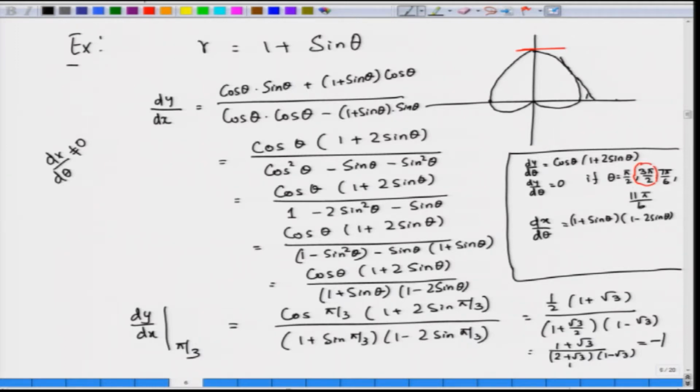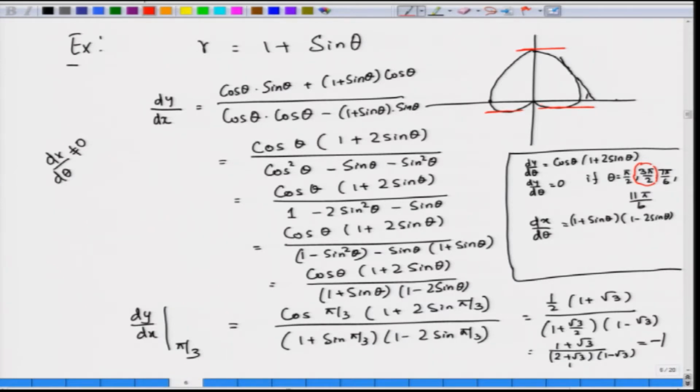At theta equal to 3 pi by 2, 1 plus sin theta is equal to 0, therefore dx by d theta is also 0, so we are not talking about 3 pi by 2. Now, if you look at 7 pi by 6, then dx by d theta is not equal to 0. So at 7 pi by 6 we are going to get a horizontal tangent, and at 11 pi by 6 we again get a horizontal tangent.